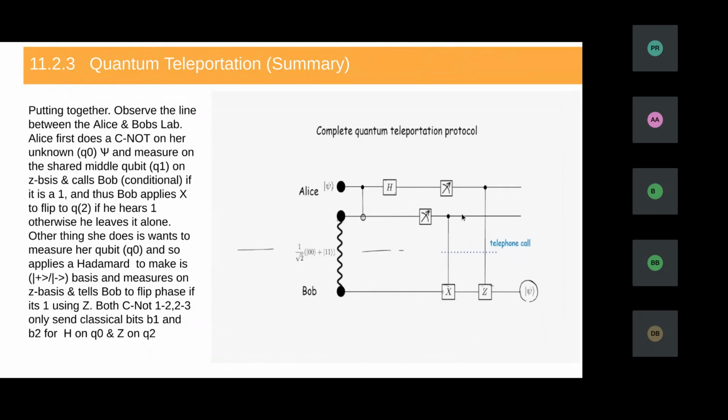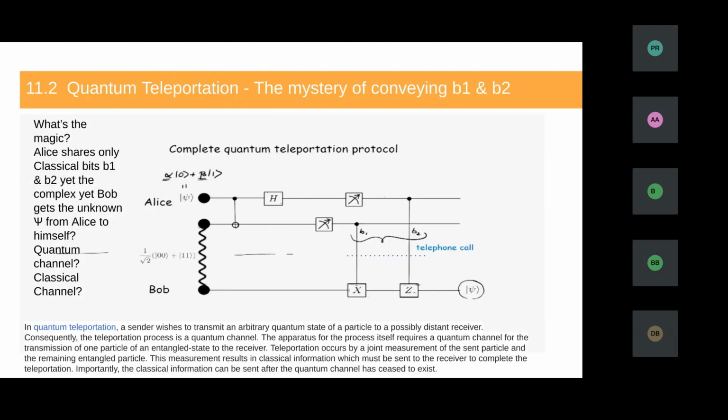So essentially, the coefficients b1 and b2 which are required are what is expressed here. If you have alpha and beta, you need to convey through classical communication the terms alpha and beta, even though they are not identical.